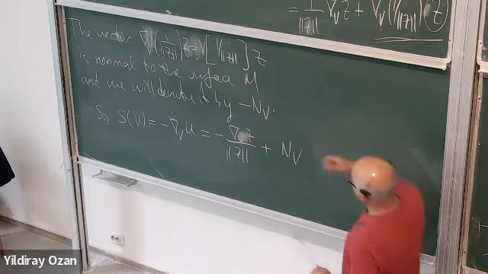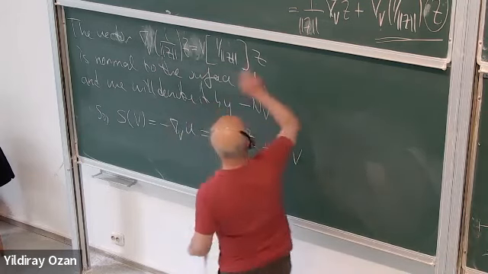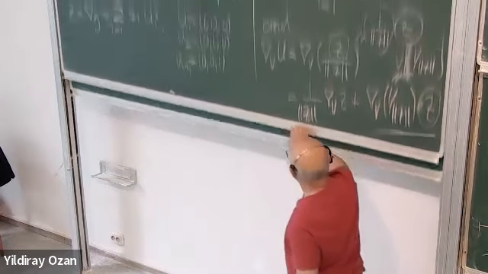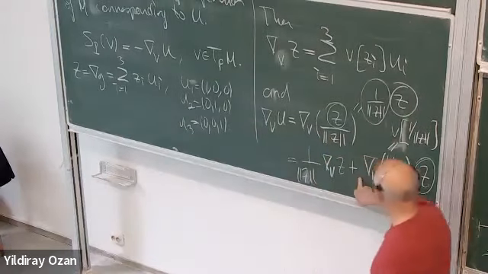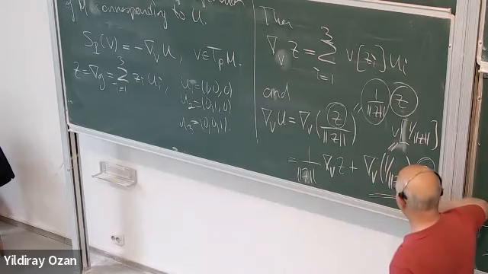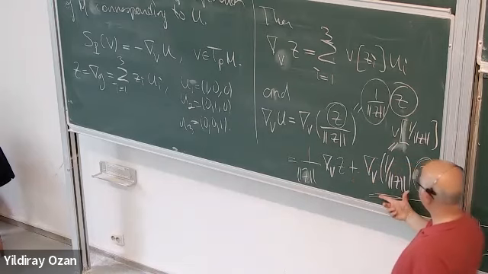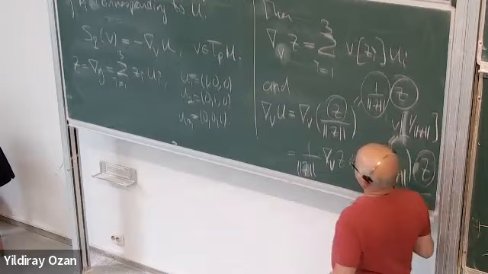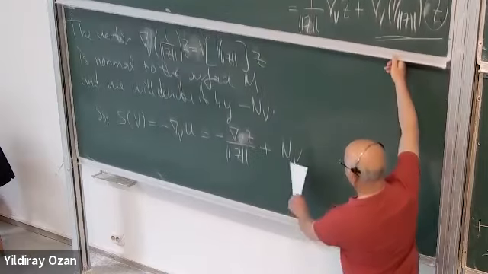Why plus? Because I have a minus sign here, so when I put the minus sign here, I will get minus of this expression, and minus of that expression is denoted by NV.